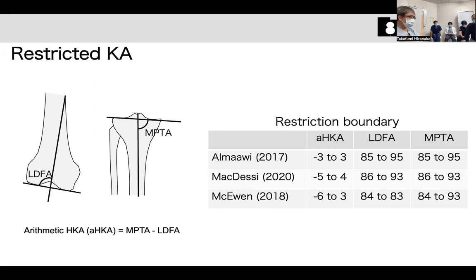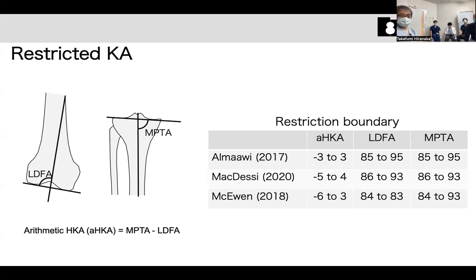The average LDFA is 3 degrees in varus, maybe not perpendicular in most cases. So I believe valgus LDFA is not usual. It is extreme alignment or some kind of bone wear on the femur side, so I think valgus LDFA must be corrected.